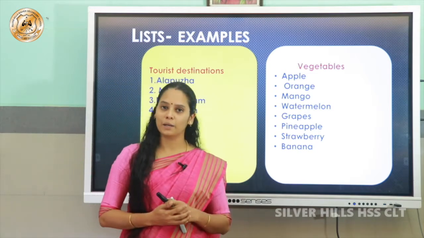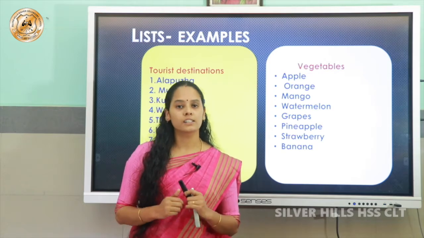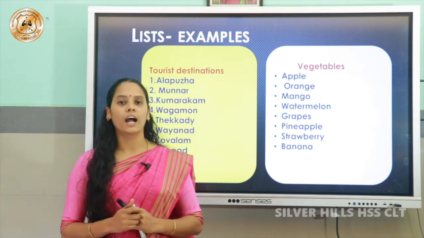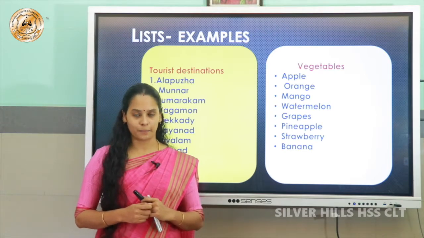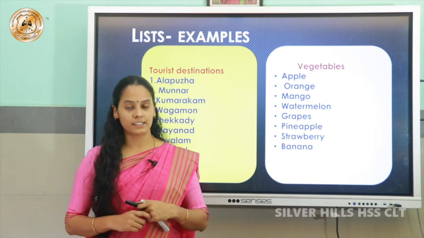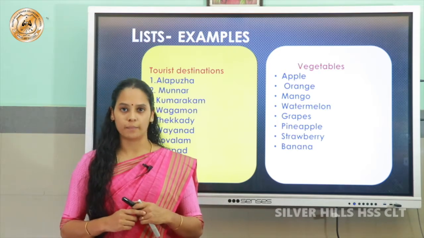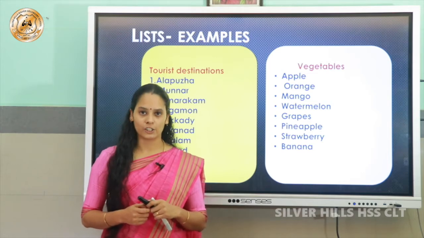So in HTML, we can divide lists into three: the first is ordered list, the second is unordered list, and the third is definition lists. Today we are going to discuss how to create unordered lists and ordered lists in HTML.